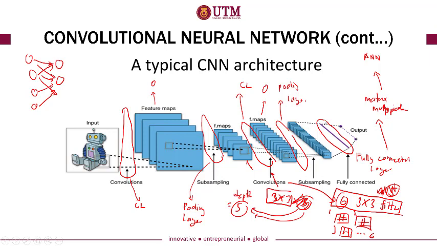One way to do it, like I discussed before, is to apply the subsampling operation, which is also known as a pooling layer, because the main purpose of the pooling layer is to reduce the size of the matrix. But instead of using a pooling layer, inside the convolutional layer you can also reduce the size by having a stride equal to more than 1.